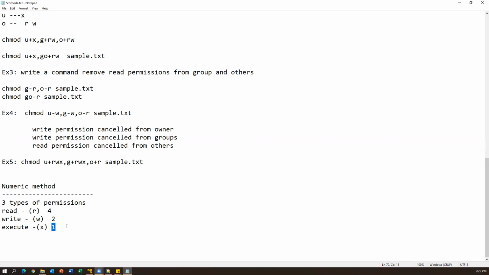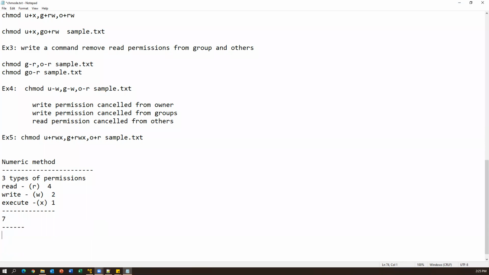We can use these numbers along with the chmod command. 4 represents read, 2 represents write, 1 represents execute. If I want to add all permissions, read, write, and execute, to the file, I need to add all these numbers: 4 plus 2 plus 1, total 7. So 7 means all the privileges, or all the permissions.